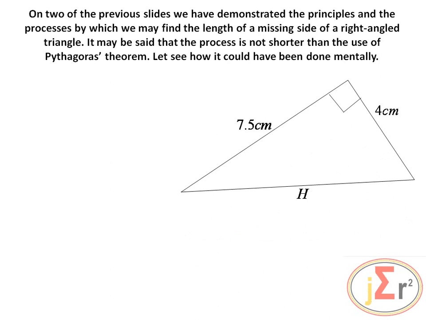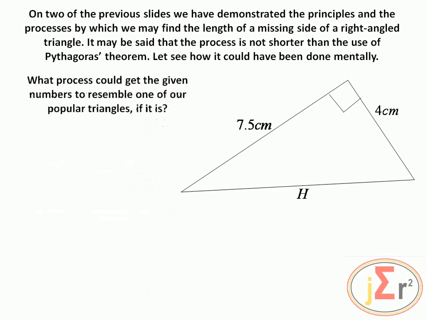The skills of determining the length of a missing side of a right angled triangle mentally, if we know that it is related to the 3, 4, 5, 5, 12, 13, 7, 24, 25, or 8, 15, 17. What process could get the given numbers to resemble one of our popular triangles? If it is, so we have 7.5 and we have 4.